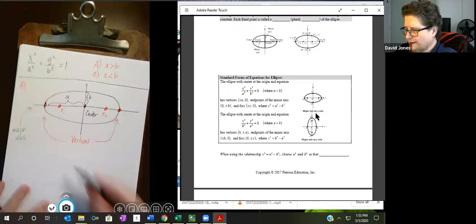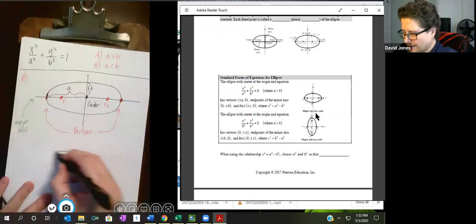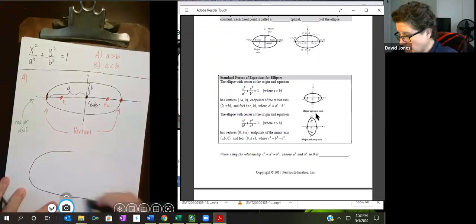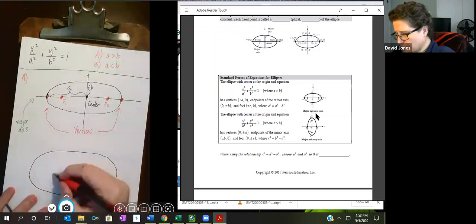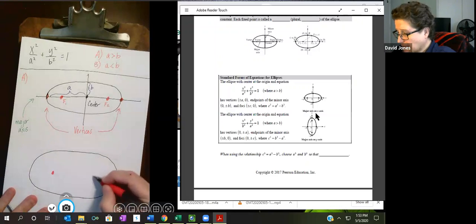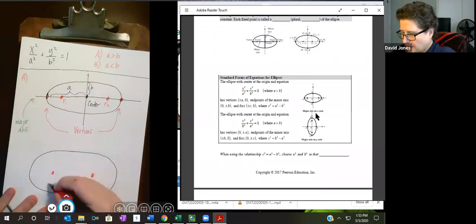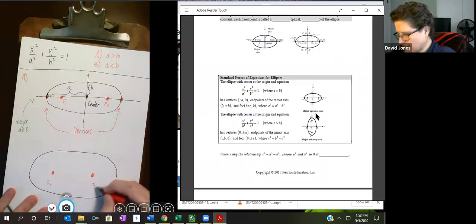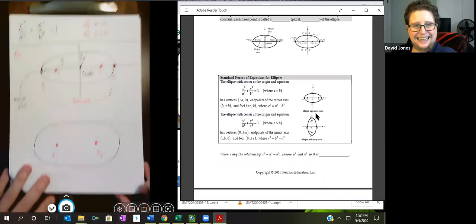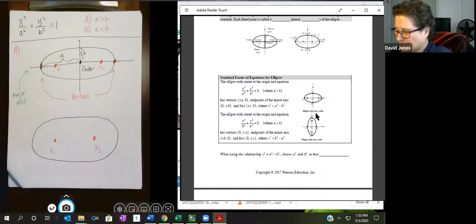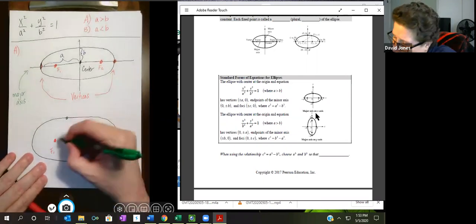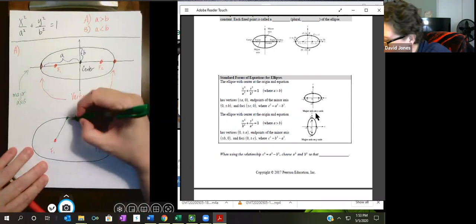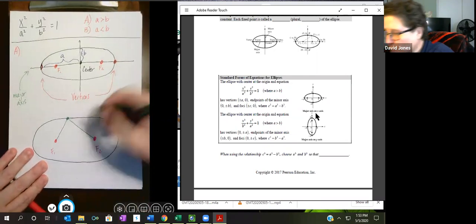The idea of it being equally distant, let me redraw this. And assuming I had a good picture, this looks like Big Hero 6. So the idea here is we can pick any point on this thing right here, connect the first focus point to it, the second focus point to it.